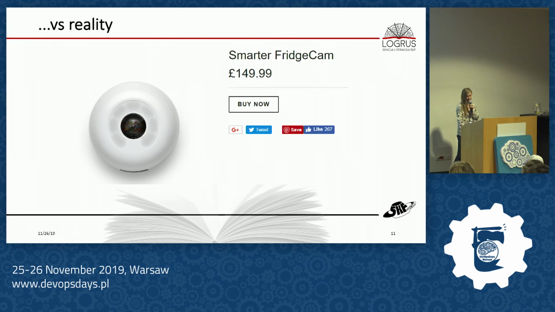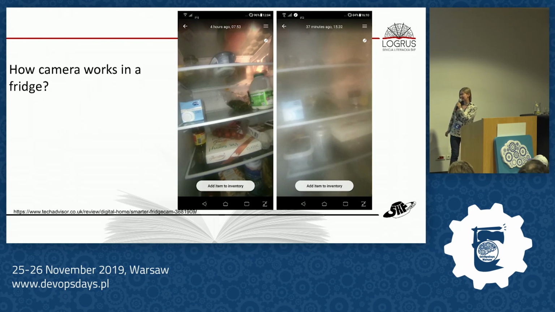Because it's showing what is in your fridge on your mobile phone when you are, for example, in the shop. So it looks like that because the conditions in the fridge are not perfect for the camera. And the best thing is that you probably never check it, but Wi-Fi is not working inside the fridge. So it's very rare when it's working at all.